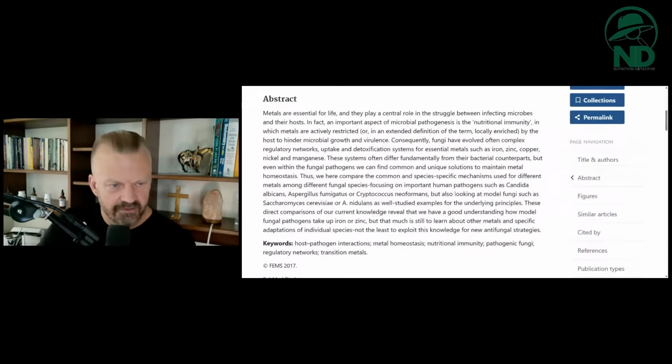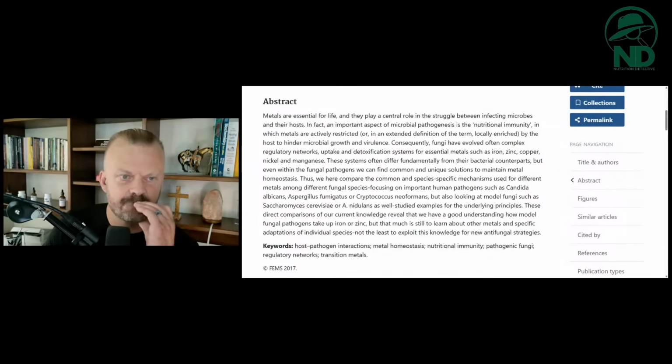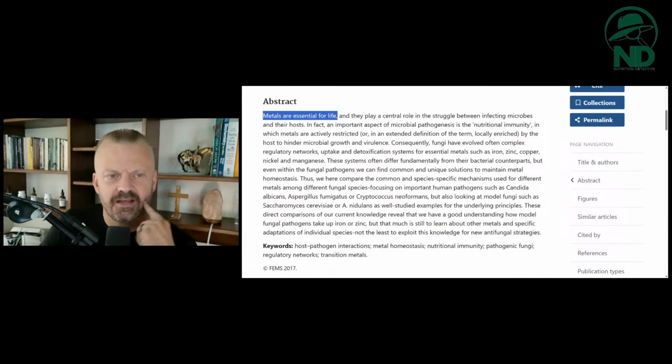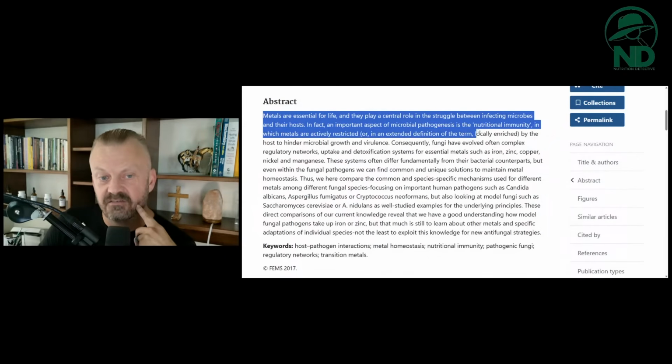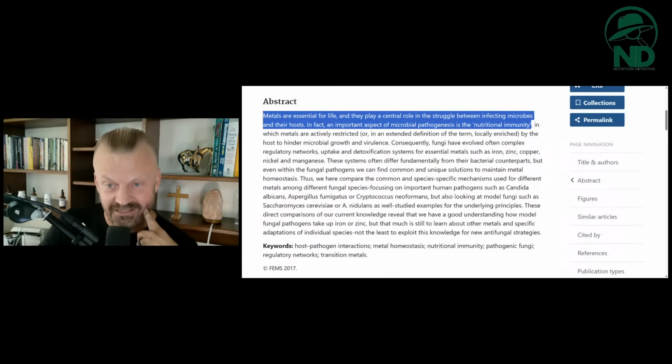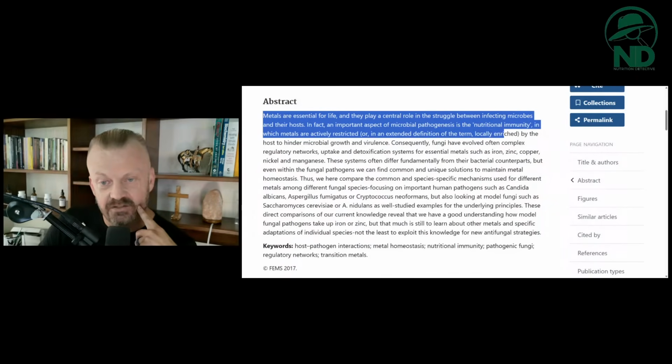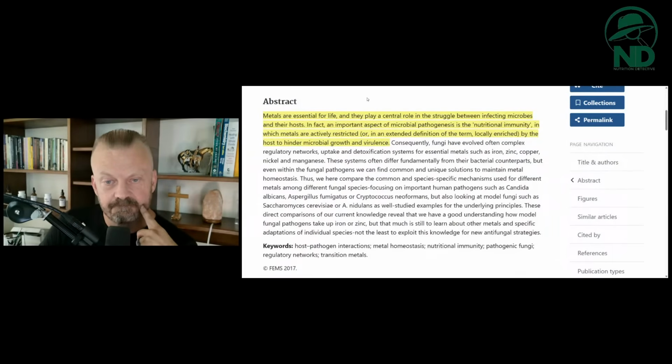Metals in fungal virulence. So fungus, right? Metals are essential for life, and they play a central role in the struggle between infecting microbes and their hosts. In fact, an important aspect of microbial pathogenesis, disease creation by pathogens, is the nutritional immunity, in which metals are actively restricted, or in an extended definition of the term, locally enriched by the host to hinder microbial growth and virulence.